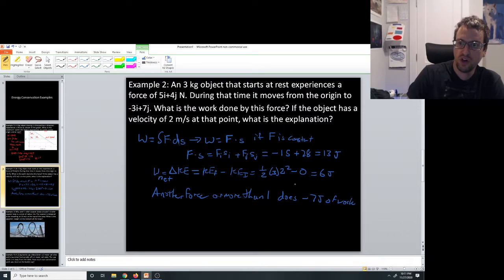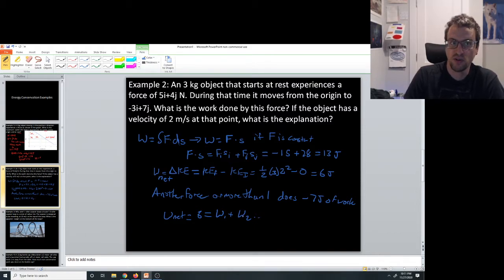Because net work is going to be equal to 6, which is equal to work 1 plus work 2. So this work 2 has to be at least negative 7, or maybe there's more than one that adds up to negative 7.